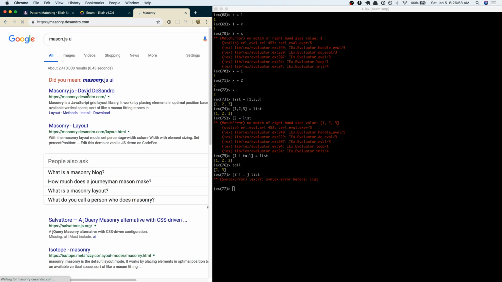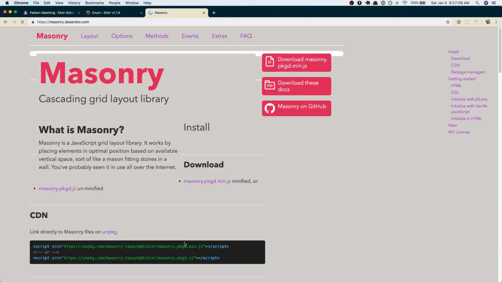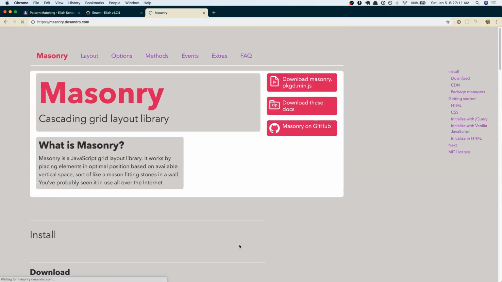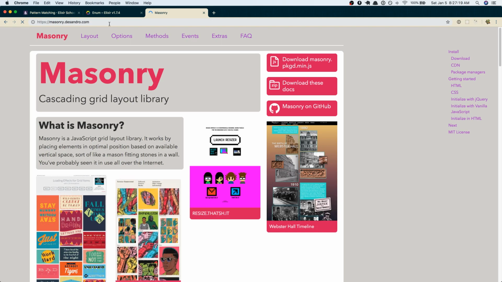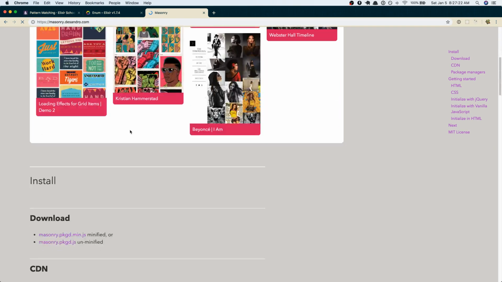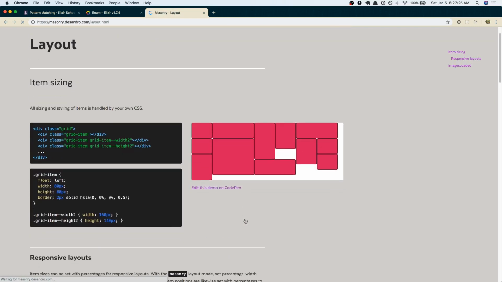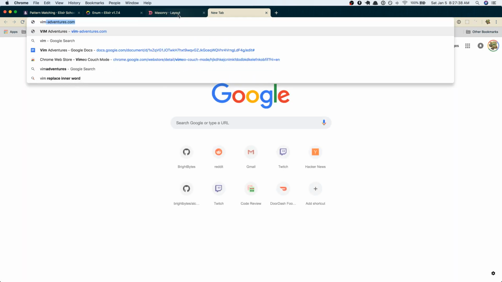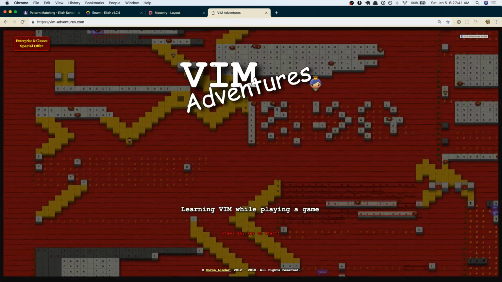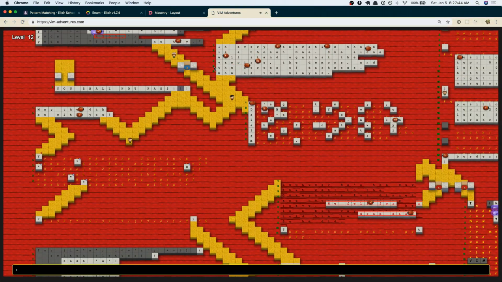Oh, and maybe the platforms rotate, right? Hmm. So what's my internet? Yeah.